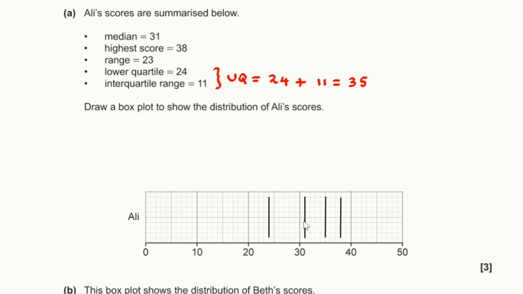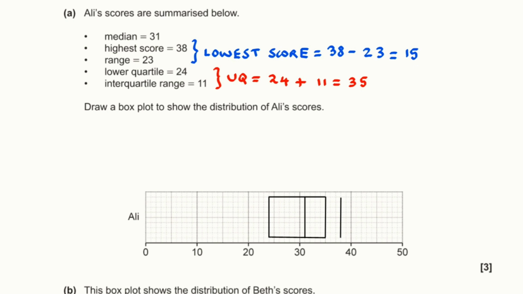So we've got the lower quartile, median, and upper quartile. That is all shown here. We've got the highest score and then we've got the range. So the lowest score: well, we've got the highest score, 38, take away the range, 23, and if we work this out we get 15.